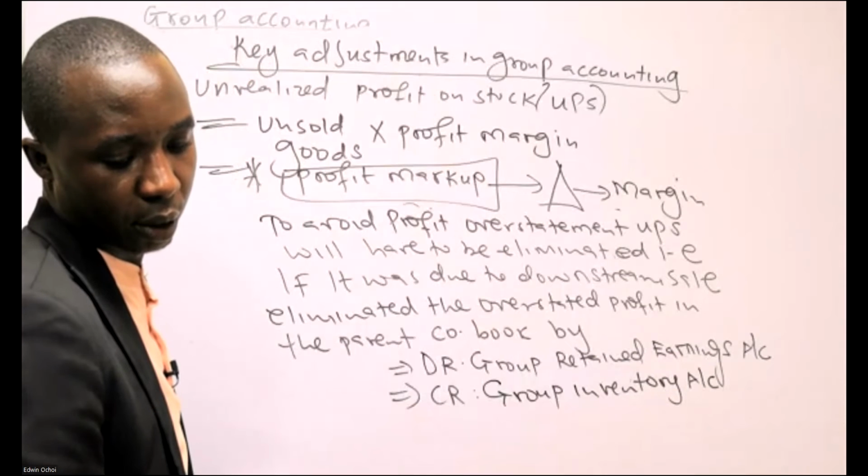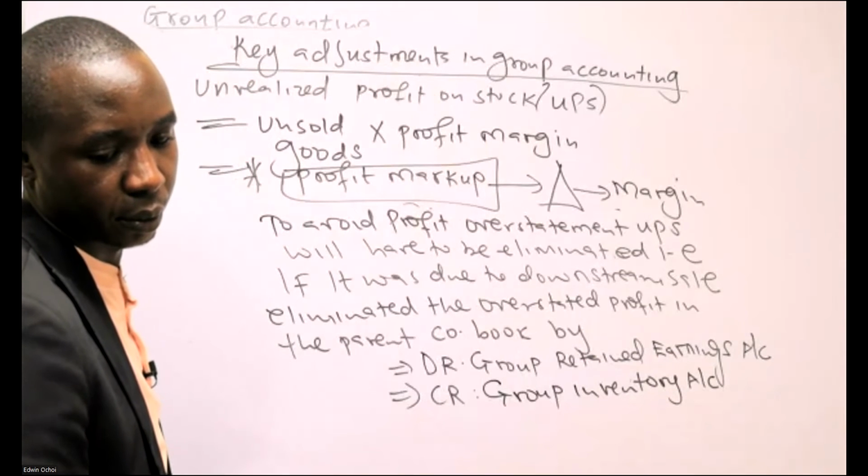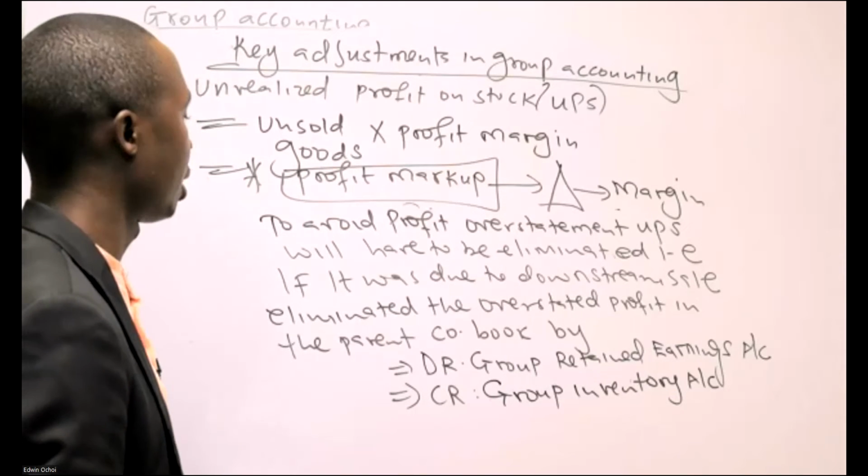Credit the group inventory account. That is due to downstream sale.